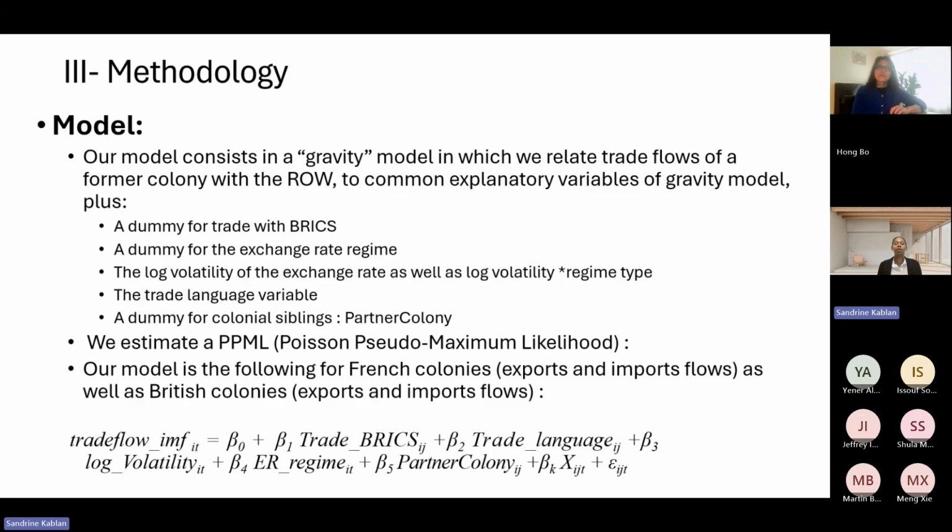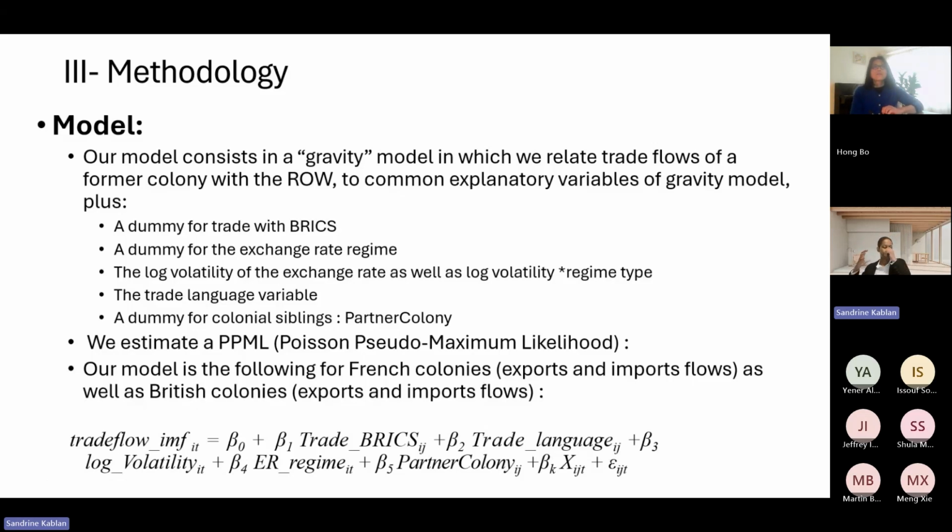So we estimate a PPML, which is the Poisson Pseudo Maximum Likelihood, which accommodates for zero trade flows and also heteroscedasticity. Our model is the following for French colonies, so the one that is displayed here. We will run 4 models: for French colonies, exports and imports flows, and for British colonies, exports and import flows.